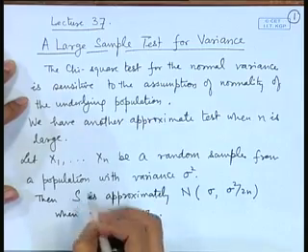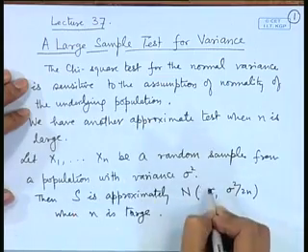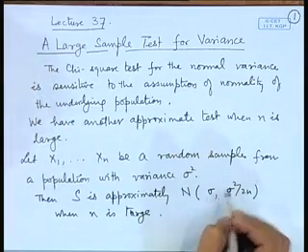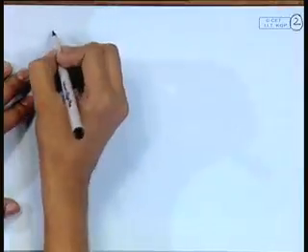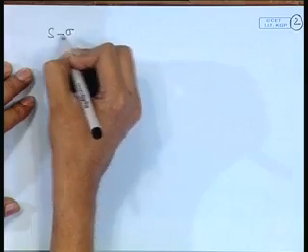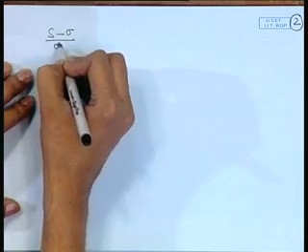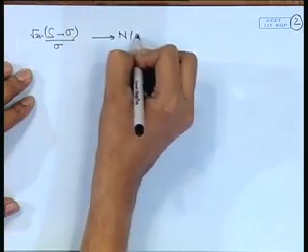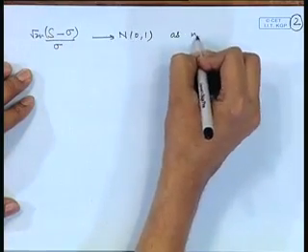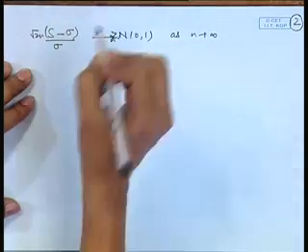So, since S square is unbiased estimate for sigma square and S is not unbiased, but asymptotically it is unbiased for sigma, therefore, we may make the following thing, that S minus sigma divided by sigma by root 2n, then this is approximately normal 0 1 as n tends to infinity.